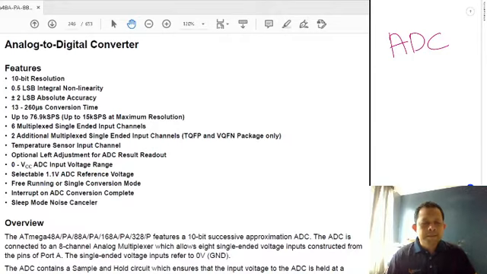Alright, so the ATmega, if we were to operate an actual microprocessor board, ADCs are usually not built inside the chip.